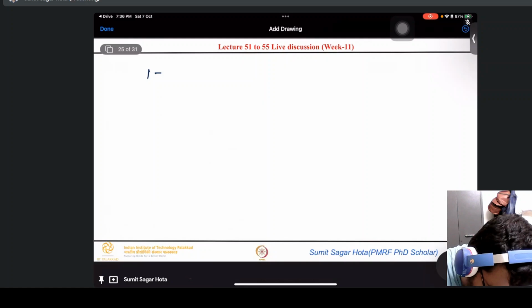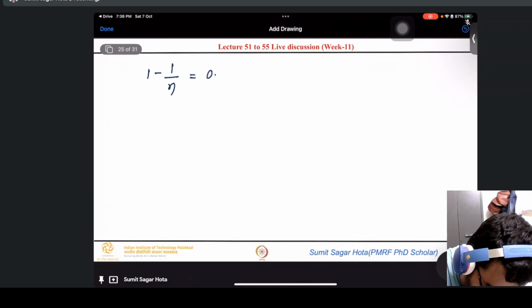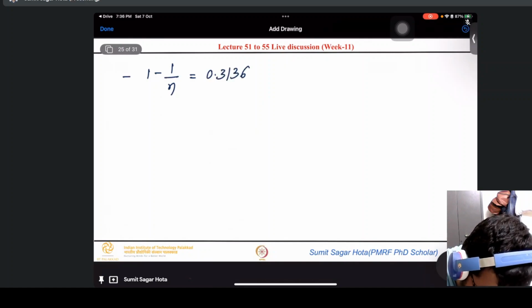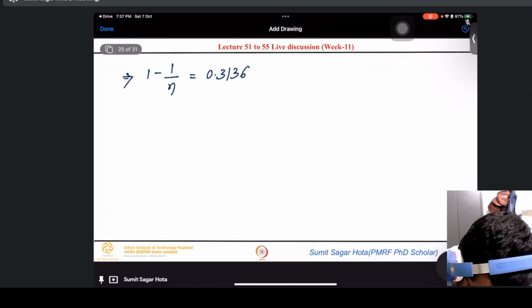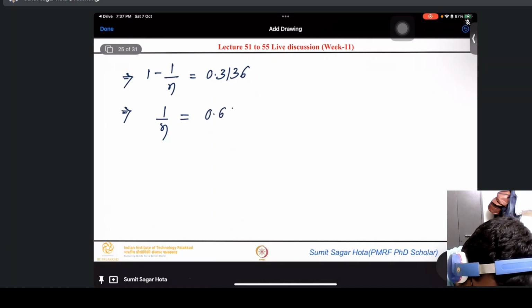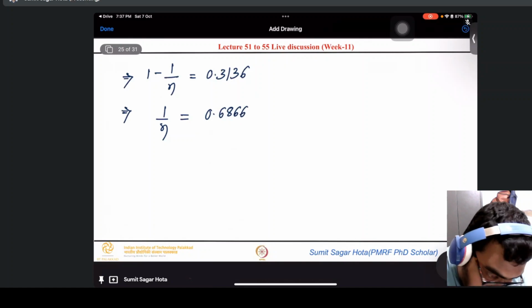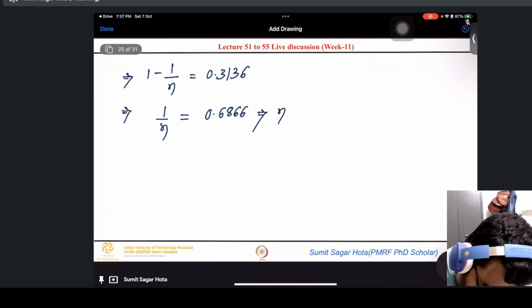If you solve it, n minus 1 by n equal to 0.3136. So what is 1 by n? 0.6866. What is n? 1.4564.